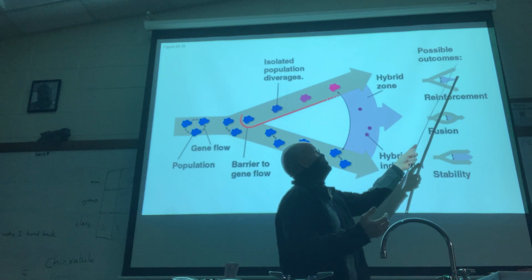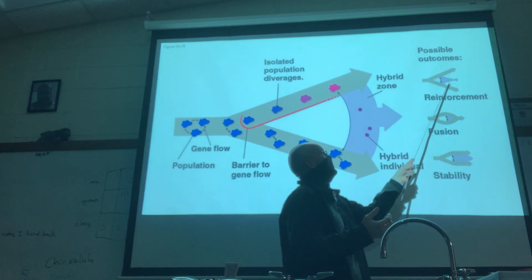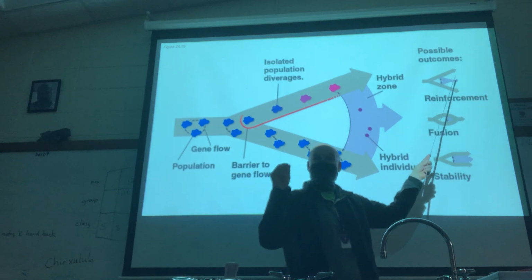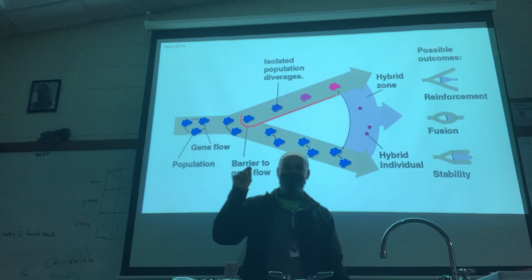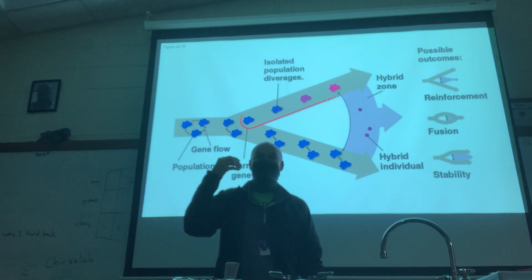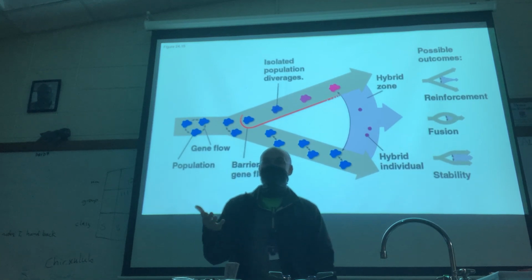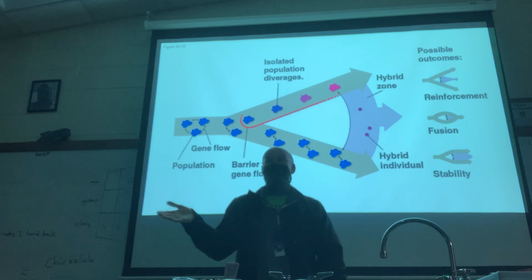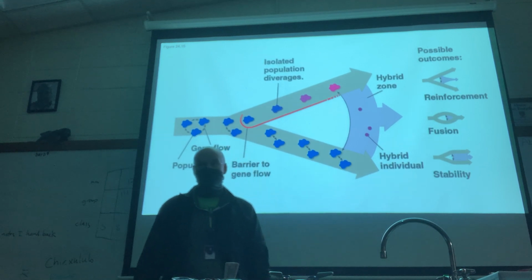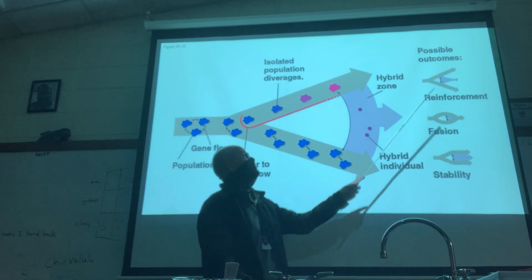The less genes move between populations, the more different they become. So you get a strong barrier between populations if the hybrid zone is made up of offspring that don't do a good job of surviving, because then they're not around to exchange genes between these populations. So that's where it's kind of weird.